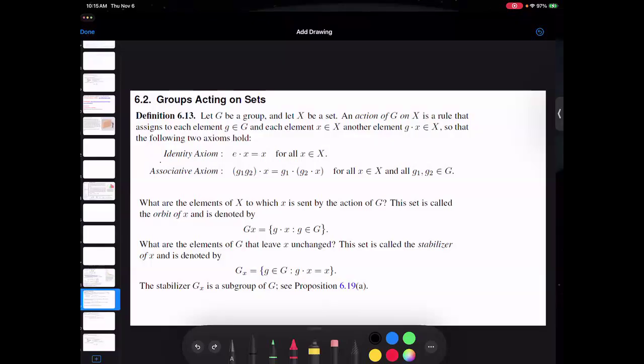If I give you an element x, is its stabilizer going to be empty, or does there have to be at least one element in the stabilizer?